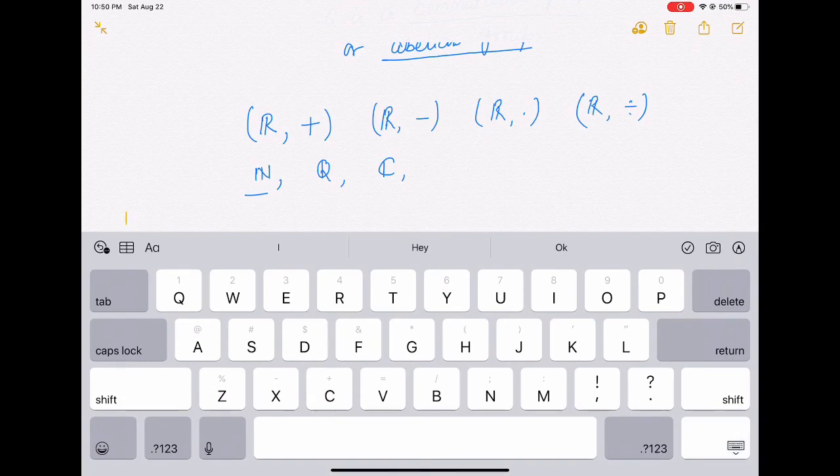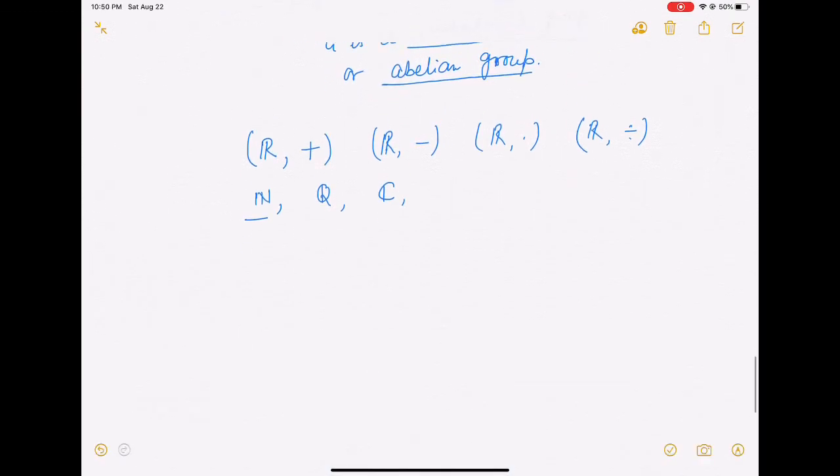Not only that, you may define an operation by yourself. Suppose we take R and we define an operation A operation B, where A and B are members of R. That is, I am taking the set of real numbers with some operation, and the operation is defined like A plus B plus AB.